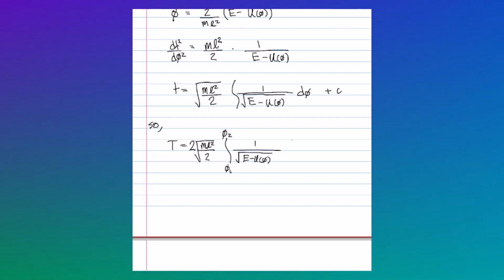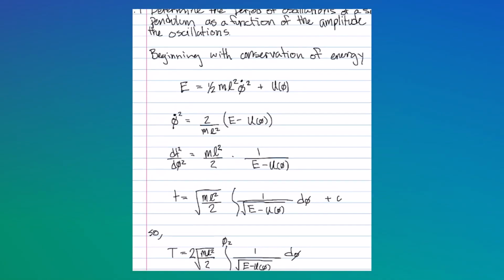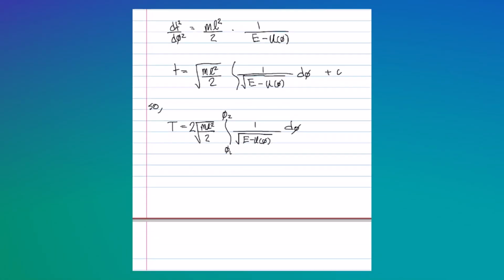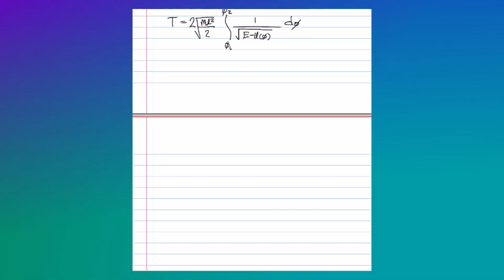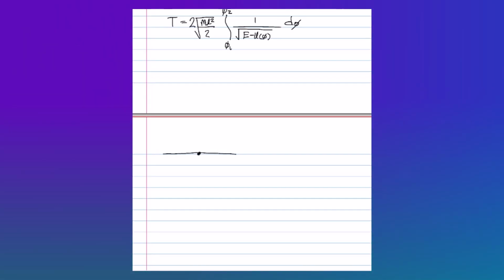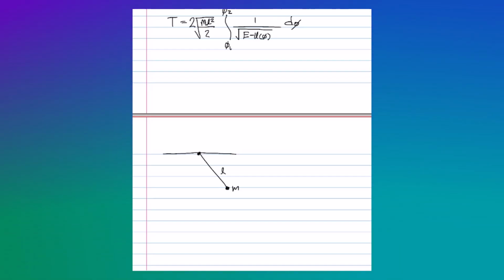So in this case, phi1 and phi2 are the leftmost and rightmost positions of the pendulum as it swings back and forth. Now I'm going to draw a quick picture of the pendulum and show where these angles are specifically.